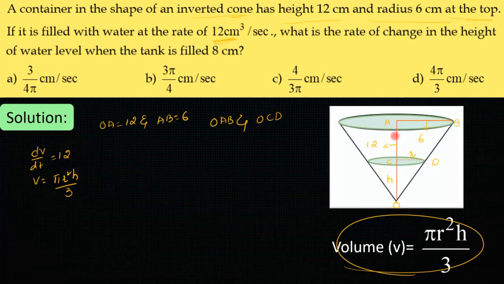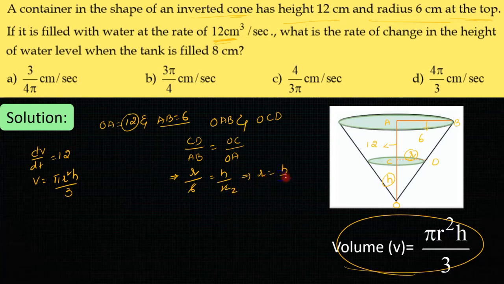From the properties of similar triangles, CD divided by AB is equal to OC divided by OA. This implies R divided by AB, AB is equal to 6, equals OC which is H divided by OA which is 12. From these, R is equal to 6 ones are 6, 6 twos are 12, so H by 2.